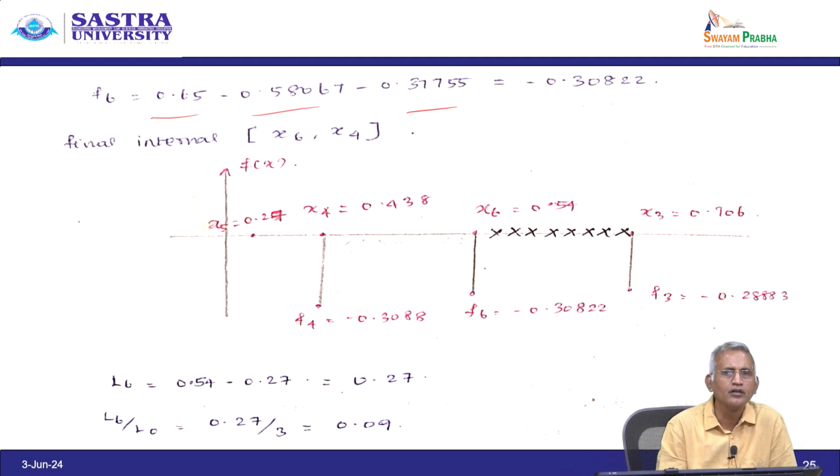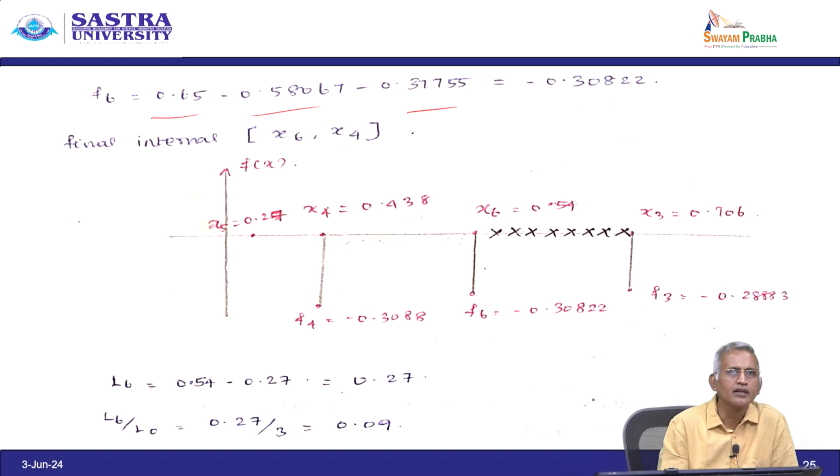Now, f4 and f6 to 3 decimal places are equal, and compared with f3, f3 is greater than f6. So, omit the interval x6 and x3 between them, because f4 and f6 are nearest to one another.